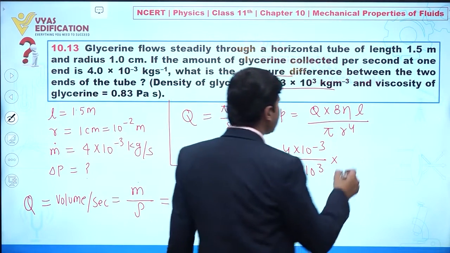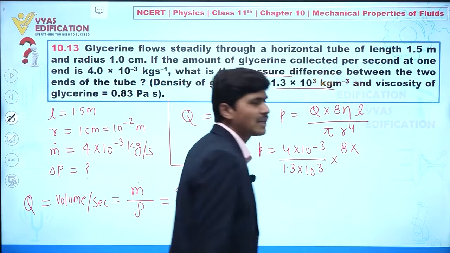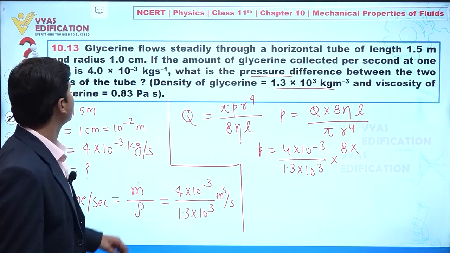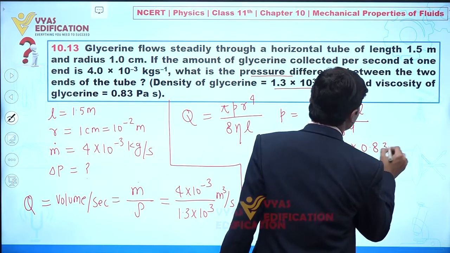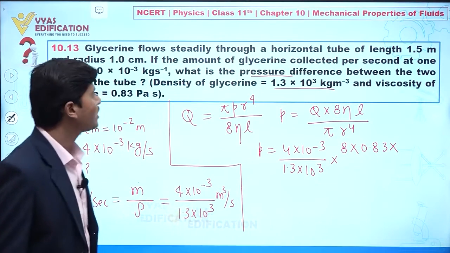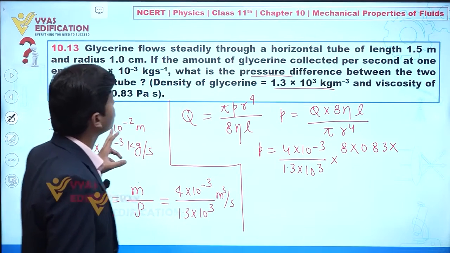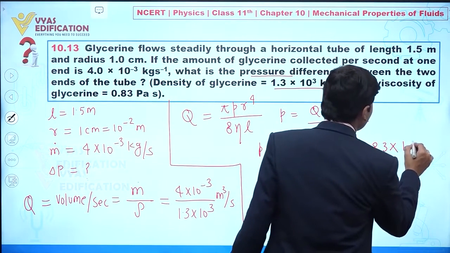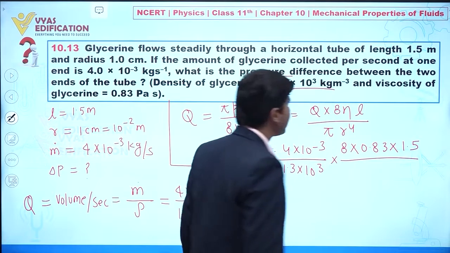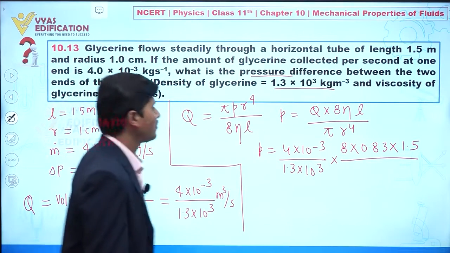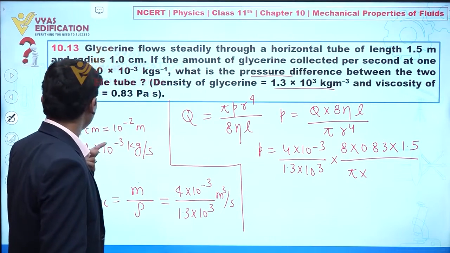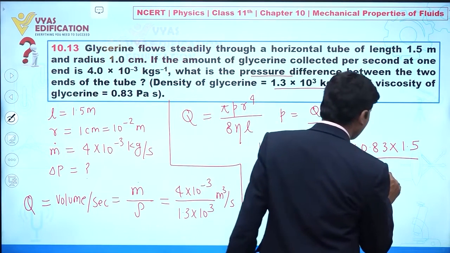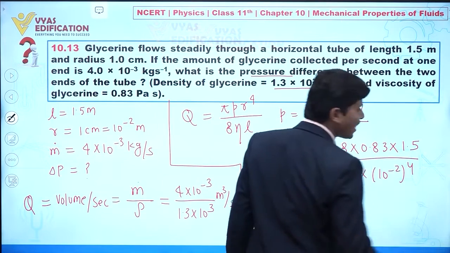Now it is multiplied with 8 into eta, the viscosity of glycerin, which is 0.83, multiplied by L, which is 1.5 meter. Clear? And it is divided by pi into the radius, which is 10 to the power minus 2, raised to the power 4.